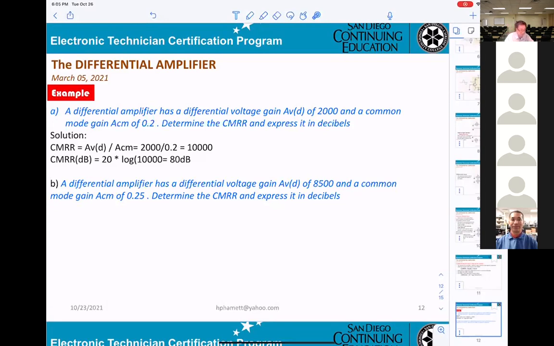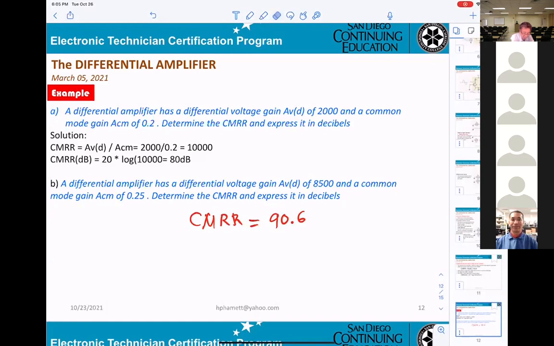90.63. Did anybody get that? Yeah, I got 90 point something. So you get the CMRR, you say 90? 90.63. No, the CMRR is 34,000. I'm not talking about dB yet. Oh, okay.